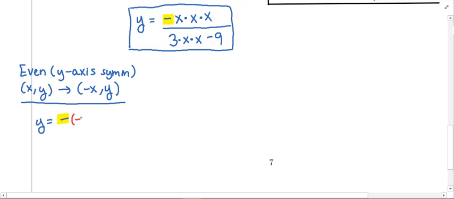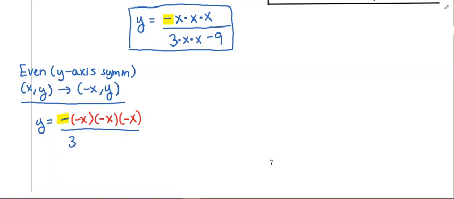So we will get negative x times negative x times negative x. That is what the numerator should look like. Then in the bottom, we're going to have 3 times x times x. The x times x is going to turn into negative x times negative x, and don't forget the minus 9.